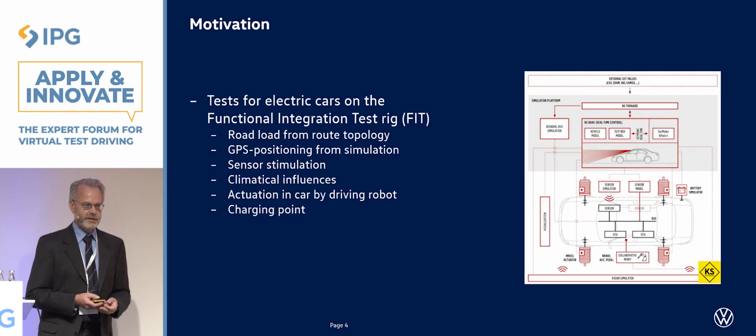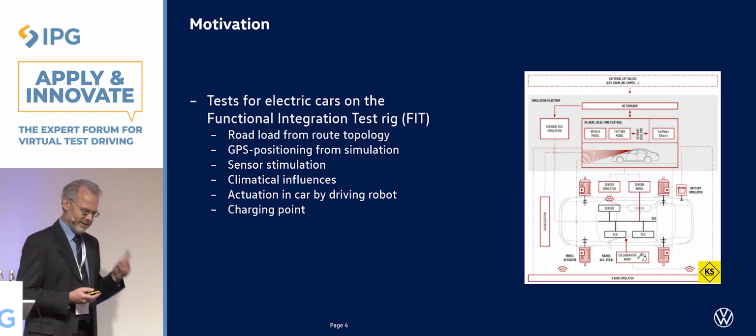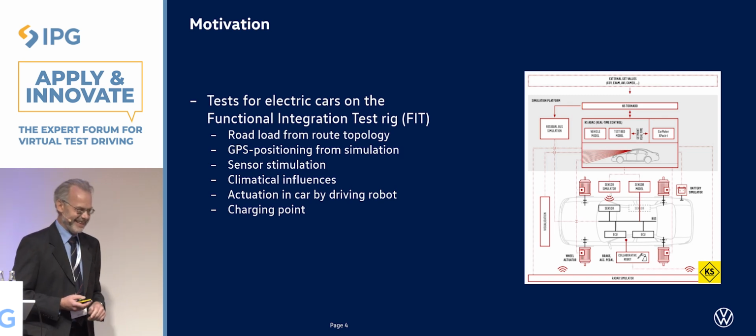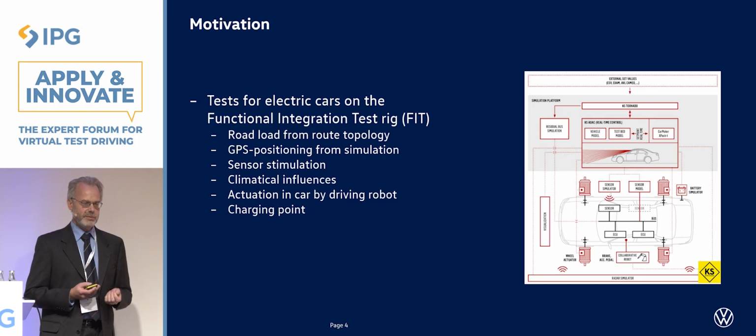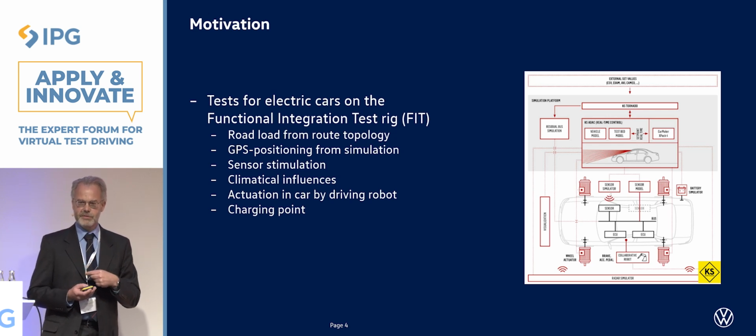We found such a test rig at KS Engineers, a functional integration test rig. This test rig enables us to apply realistic road loads that are derived from the topology during a simulation. It is also possible to apply GPS spoofing so that we can inject the location of the car on the geolocated map in the simulation to the navigational system so that it makes the right suggestion for new routes.